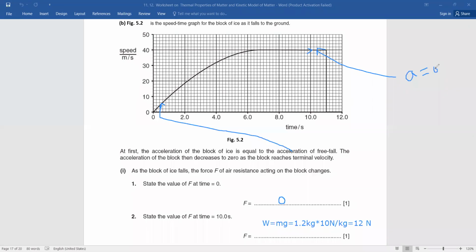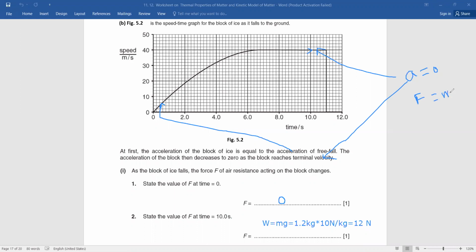Take these notes. We are discussing question number 5b. So at terminal velocity our acceleration is 0. Okay. So acceleration 0 means what? Resultant force also 0, right? We have this formula F equals ma, right?